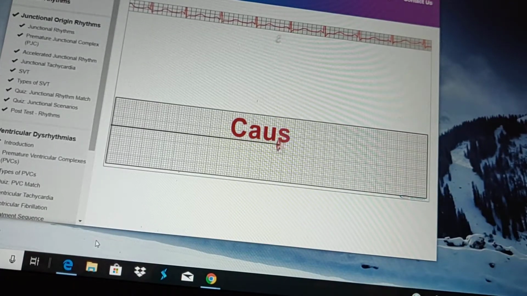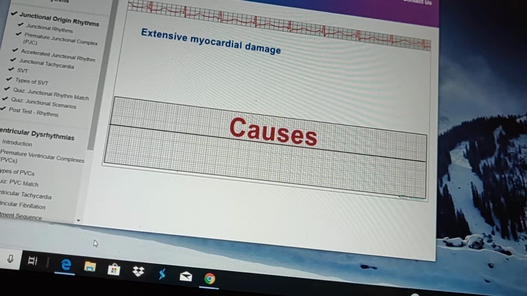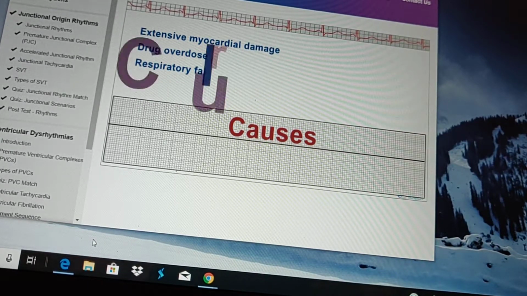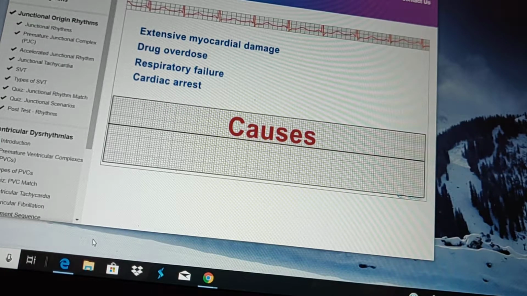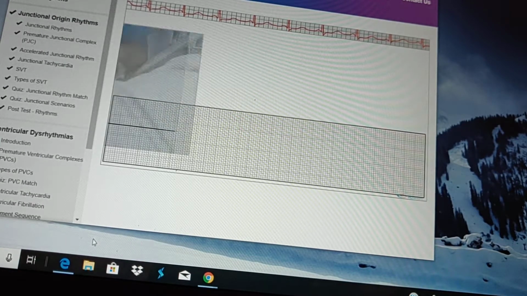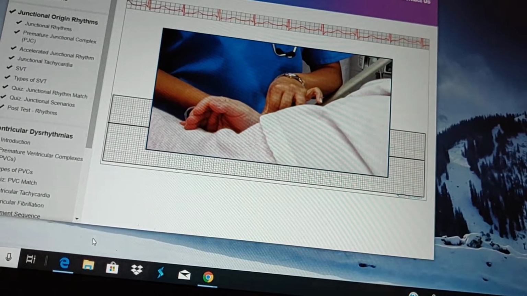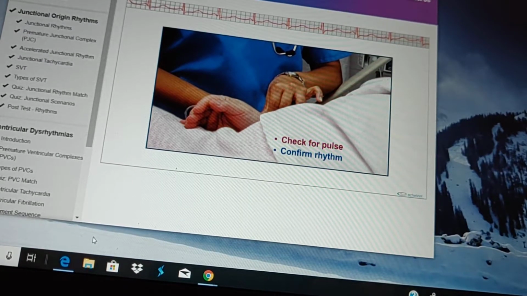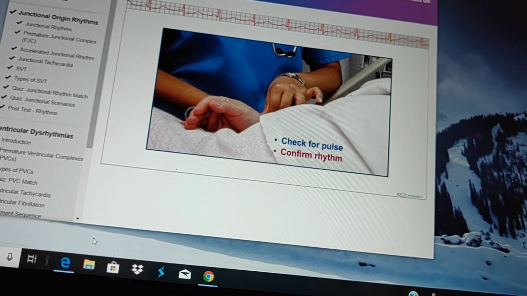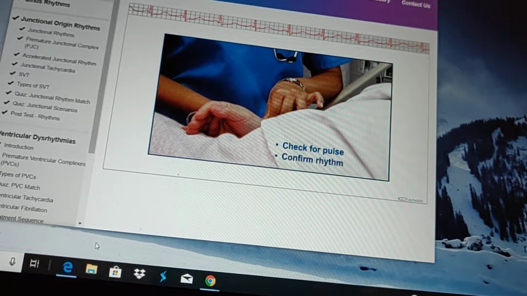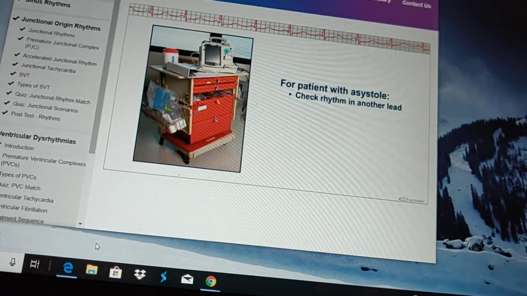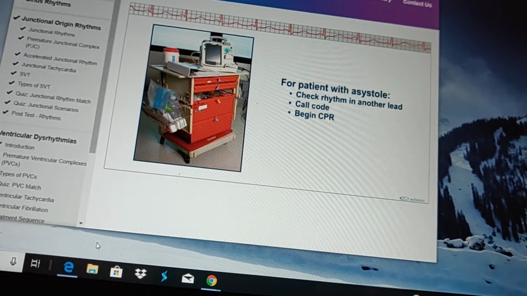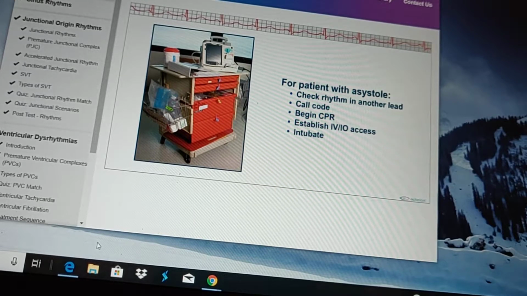Causes for asystole may include extensive myocardial damage, drug overdose, respiratory failure, or cardiac arrest. Once again, treatment begins with assessing the patient. In this case, you must check for a pulse and confirm that it is a true asystole by checking for a rhythm in another lead. Then you will call a code, begin CPR, IV/IO, and intubate.